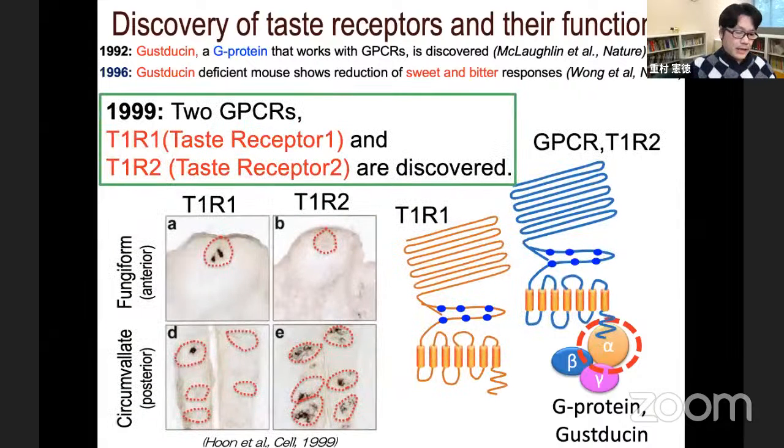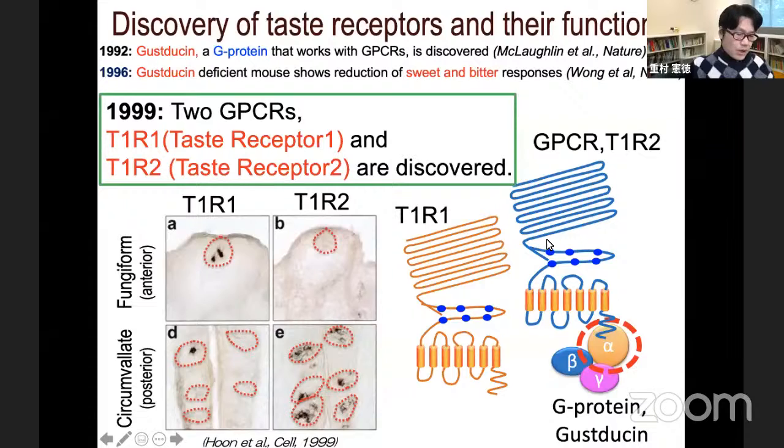In 1999, two GPCRs, T1R1 (taste receptor 1) and T1R2 (taste receptor 2), were discovered. These were the first candidates for taste receptors because they are taste-specific GPCRs.